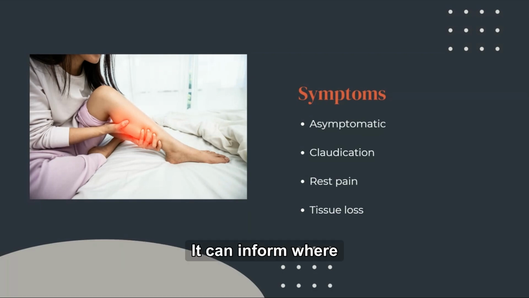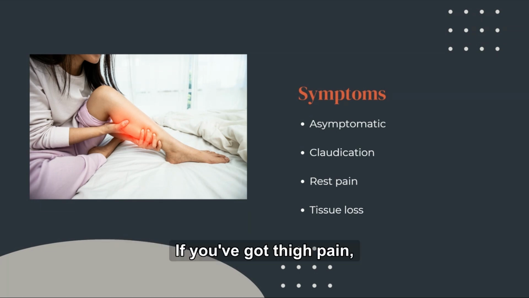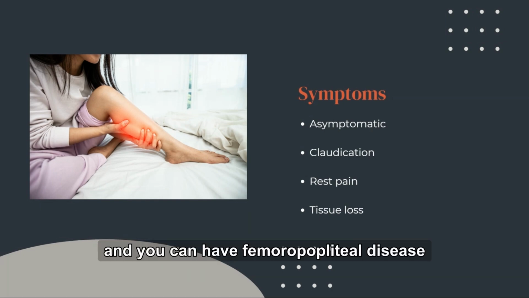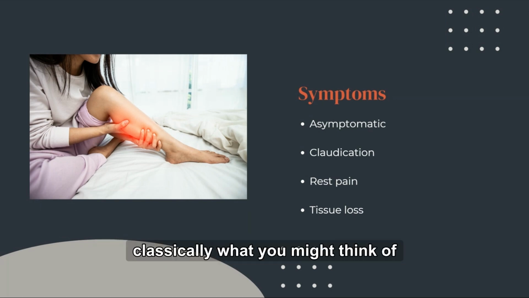It can inform where the narrowings could be. So if you've got impotence or gluteal pain, you're maybe thinking aorta or iliac disease. If you've got thigh pain, then you're thinking it could be femoral-popliteal. And if you've got calf pain, it could be the crural vessels. That's really kind of loose, and you can have femoral-popliteal disease that gives you calf pain, etc. But those are classically what you might think of as localizing symptoms.